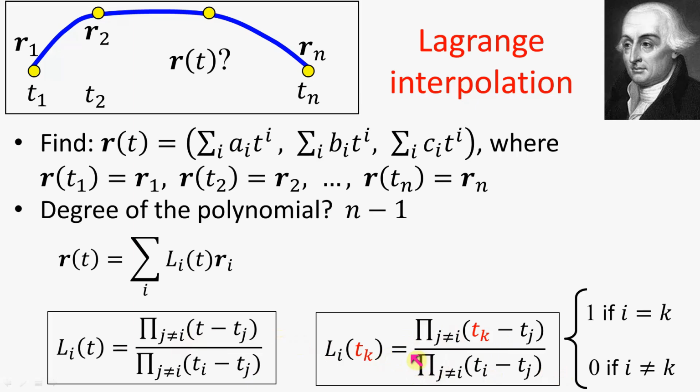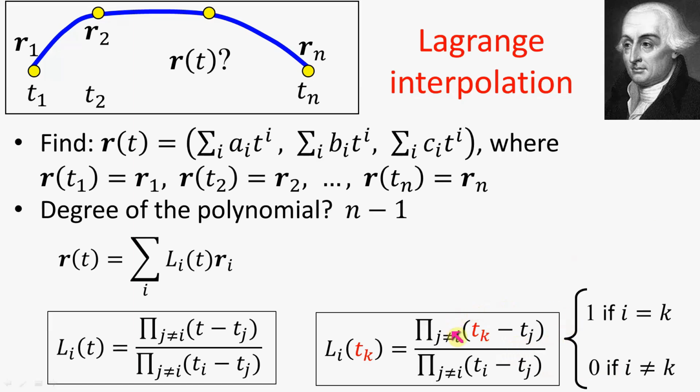In the first case, k is assumed to be i. So if i is equal to k, we have a product in the denominator, and the numerator is the same because we assume that i is equal to k. Where the numerator is equal to the denominator, the result must be equal to 1. The other case is when k is not equal to i.